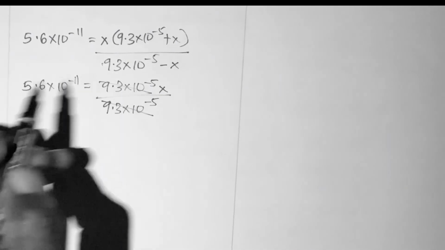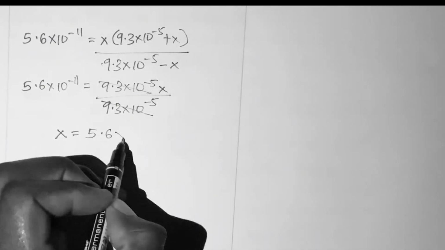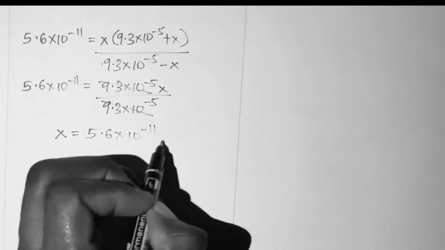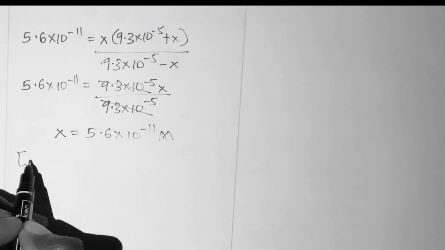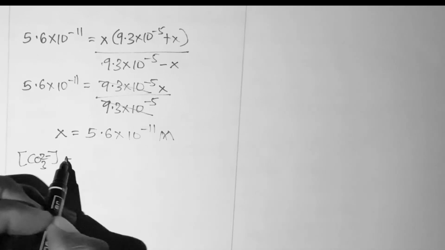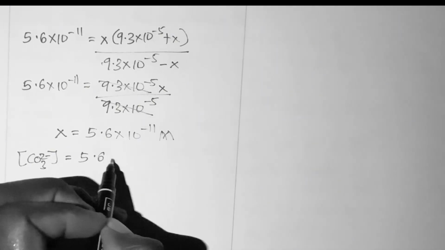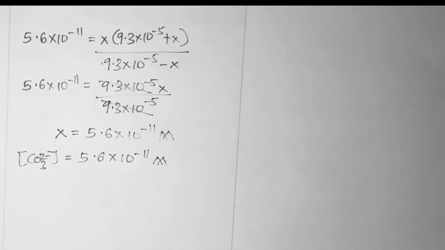So these will cancel, and we get x equals 5.6 times 10 exponent minus 11 molar. So what it means is that the concentration of the CO3 2 minus ions is equal to 5.6 times 10 exponent minus 11 molar. Now let's find pH.